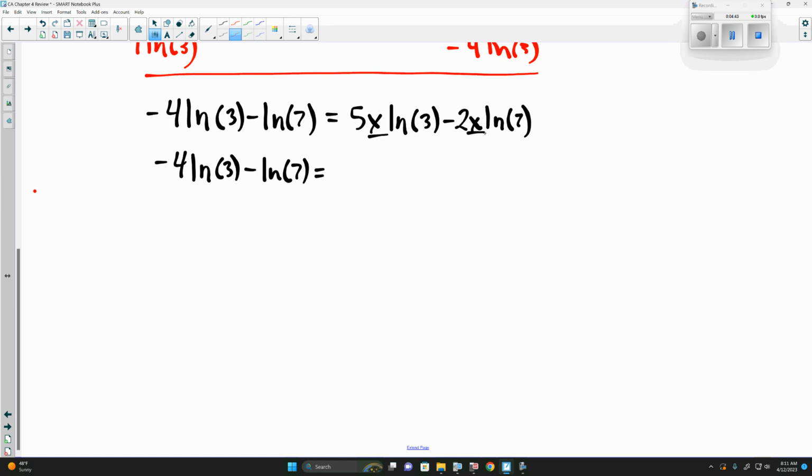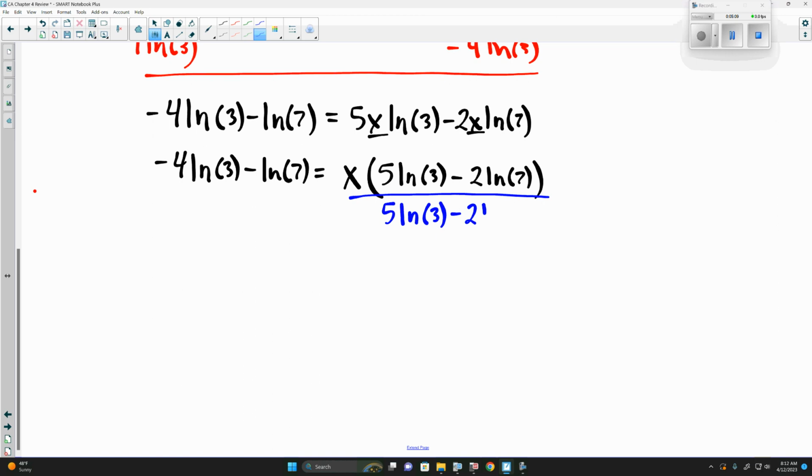Now the next thing is to get the x by itself. So we're going to factor it out of both terms. When we factor it out, we get 5 ln of 3 minus 2 ln of 7. And that brings us to the last thing we have to do, which is to divide both sides by 5 natural log of 3 minus 2 natural log of 7.